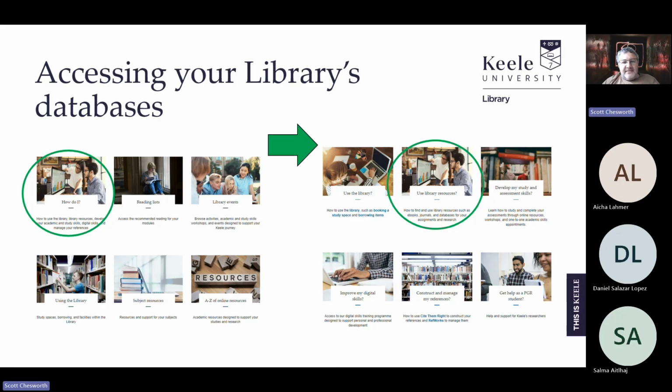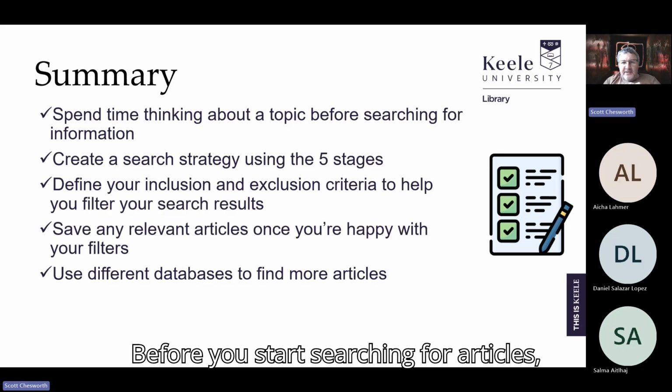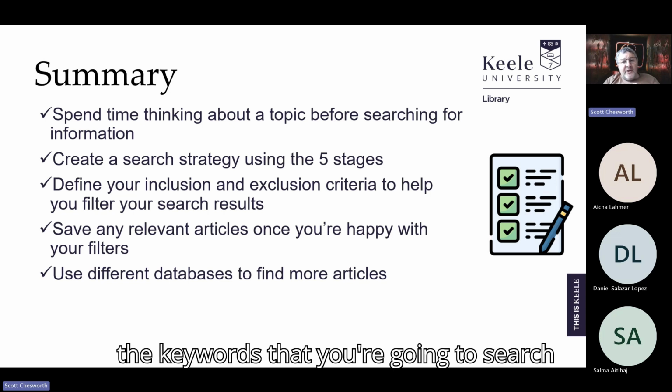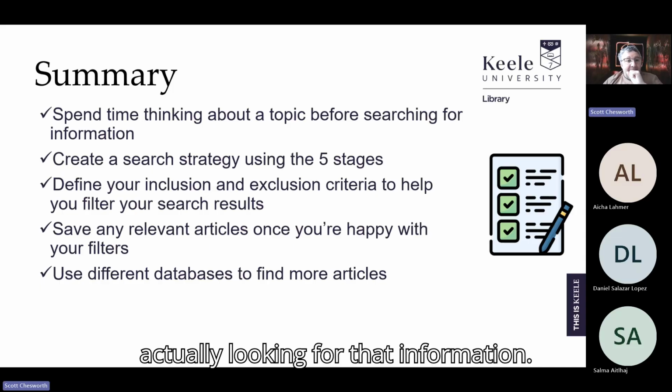So let's summarize things. Before you start searching for articles, it is worth looking at the question, looking at the topic, and thinking about the keywords that you're going to search for before you start actually looking for that information.